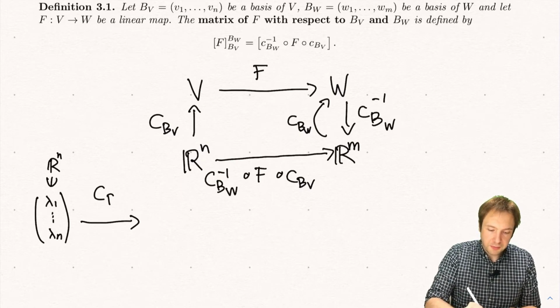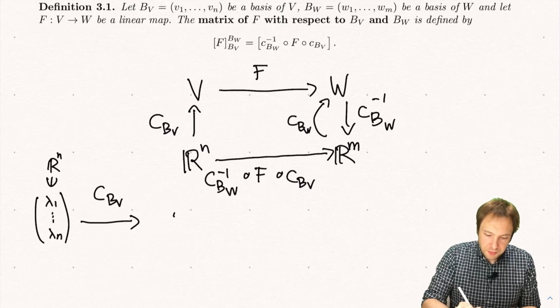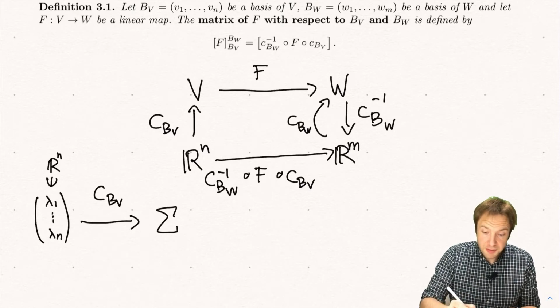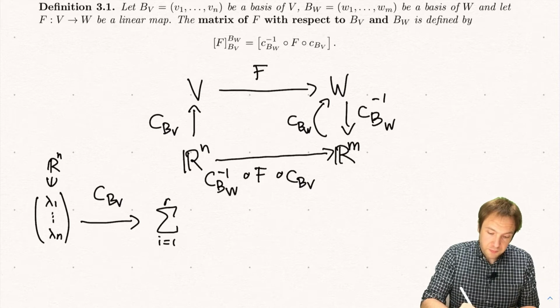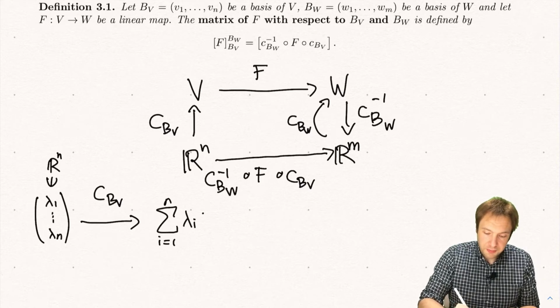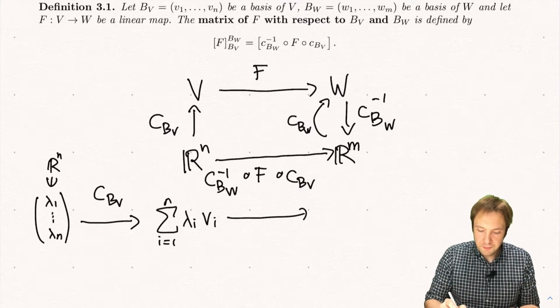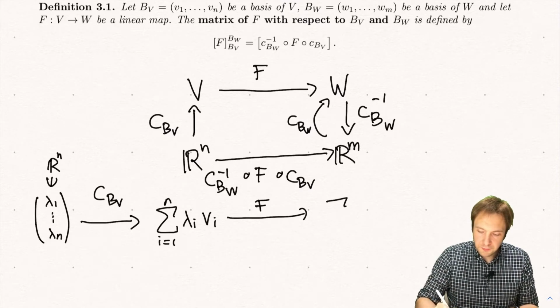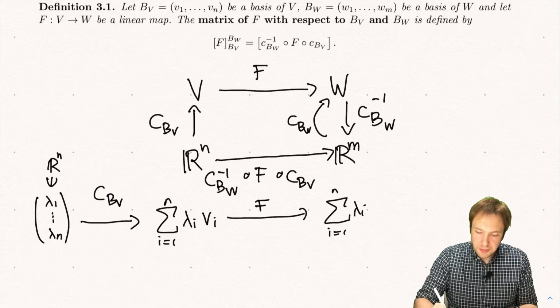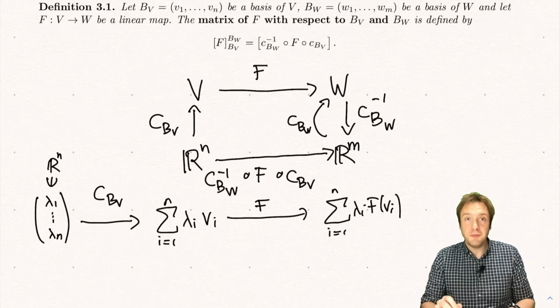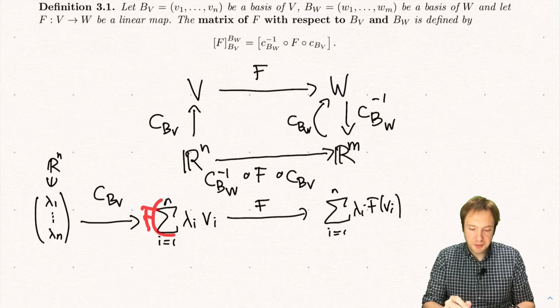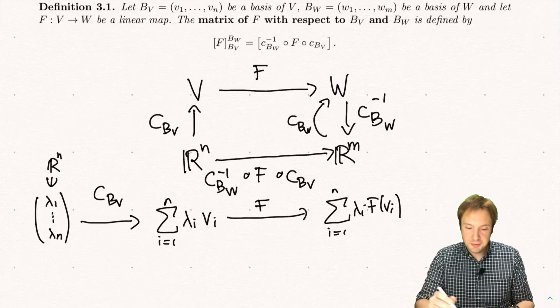Applying this coordinate map gives the element in V, the sum of lambda i vi, and then applying F gives the sum over i from 1 to n of lambda i F of vi. Here we use that F is a linear map. So F of this sum, because F is linear, we can put F inside here.